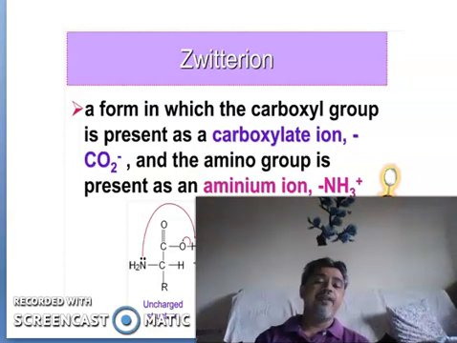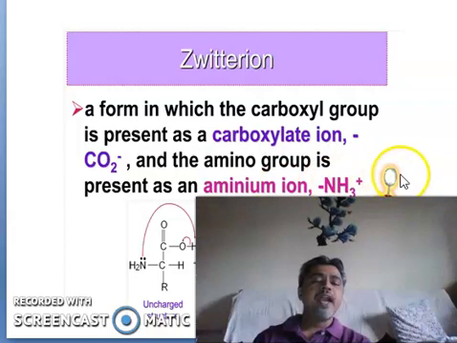Now the zwitterion: how it forms and what structure you will find in it. So here is the structure. You will find a form in which the carboxyl group is present as a carboxylate ion, that is CO2 minus, and the amino group is present as an ammonium ion, that is NH3 plus.